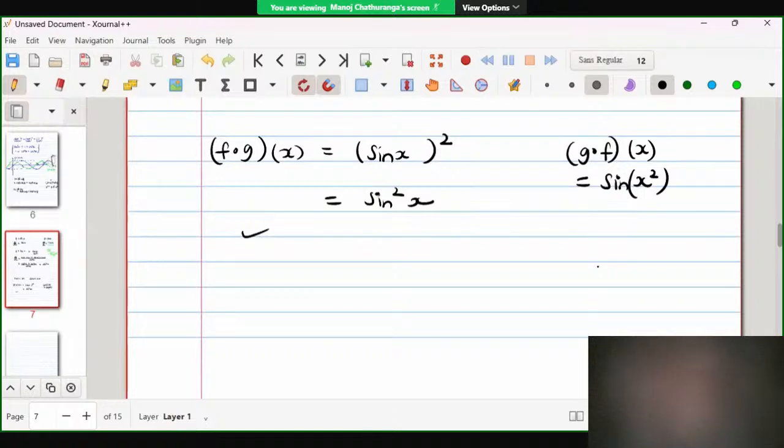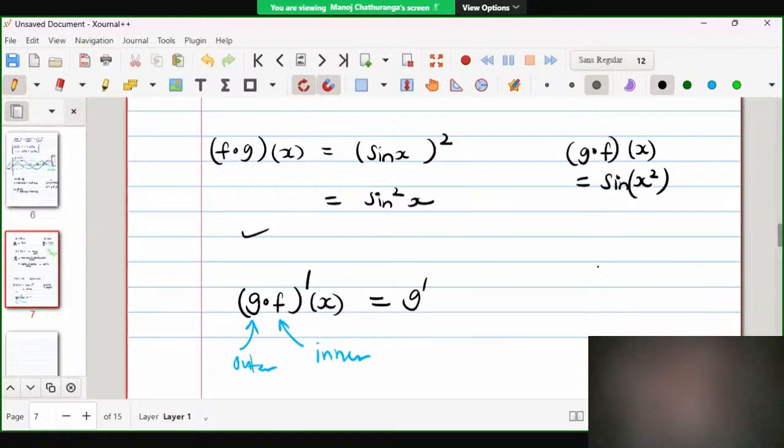So here is how we do it. If you have something like this, to differentiate this function, we start from the outer function. The outer function is g, and f is the inner function. So we start from the outer function.